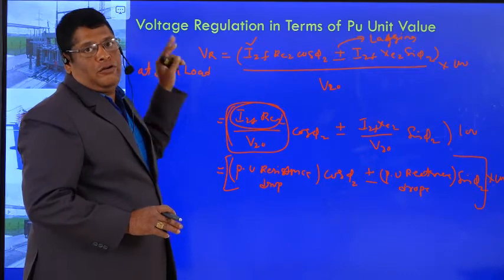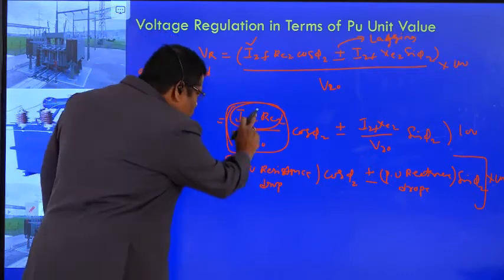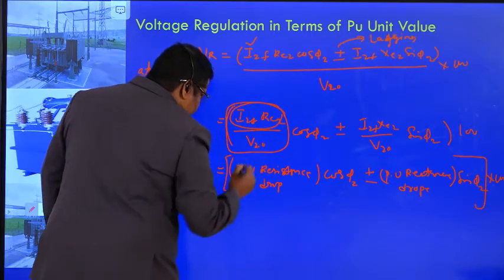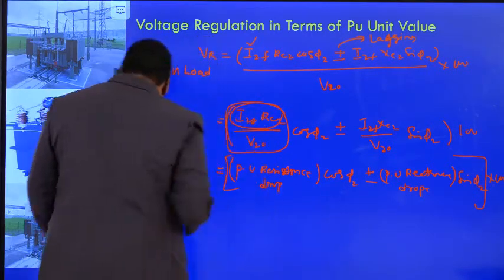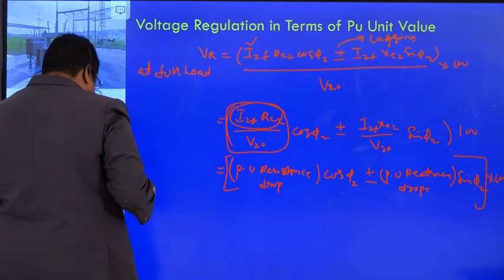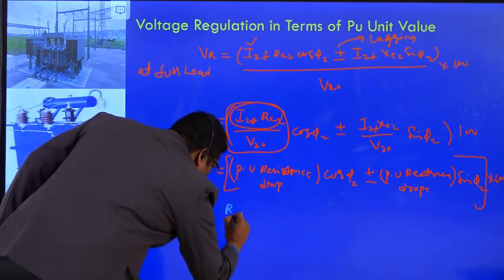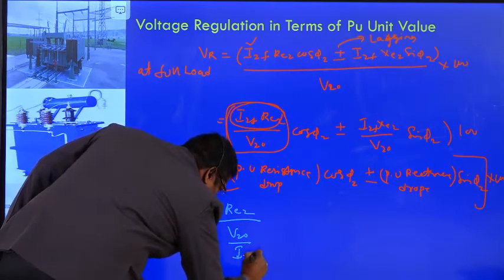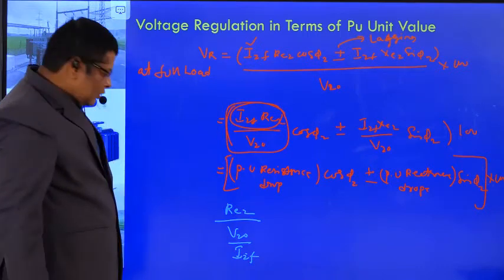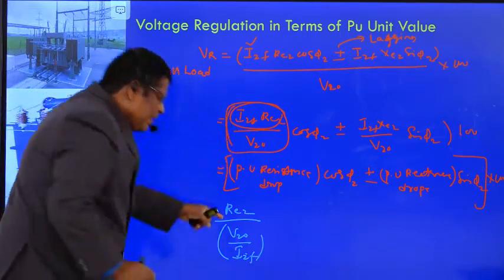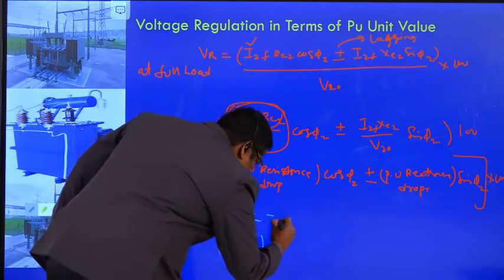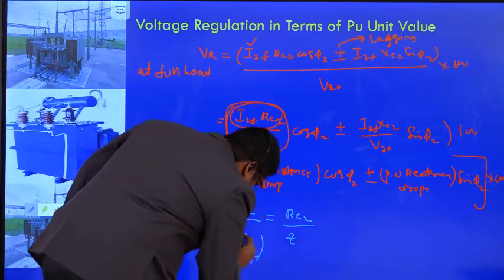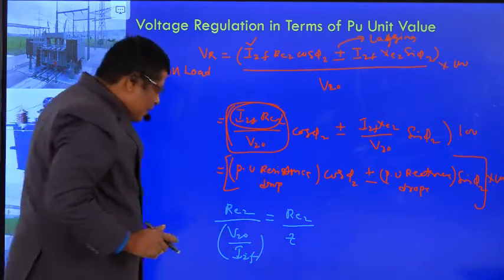The same quantity, if we take it separately: Re2 divided by V20 by I2F. This represents the impedance, so Re2 divided by impedance. This is the impedance of a transformer.